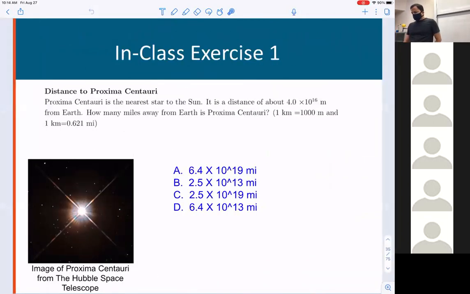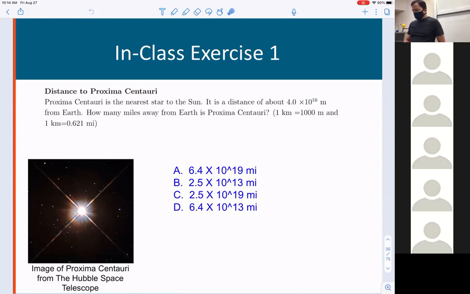All right, so this next one is a top hat question. This is sort of an interesting question. The distance to Proxima Centauri, the name of the star that is closest to us after the sun, so the next nearest star after the sun, is about 4 times 10 to the 16 meters from Earth.